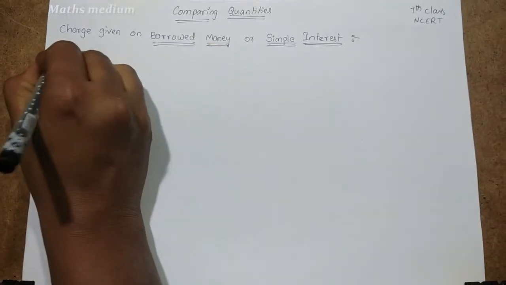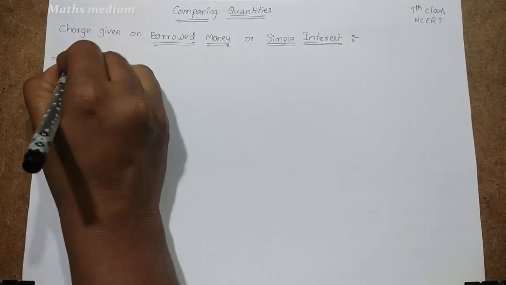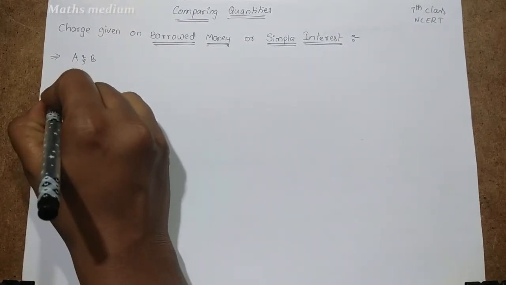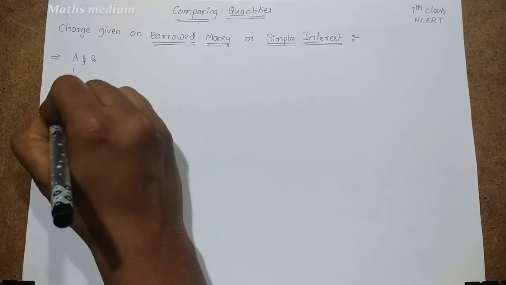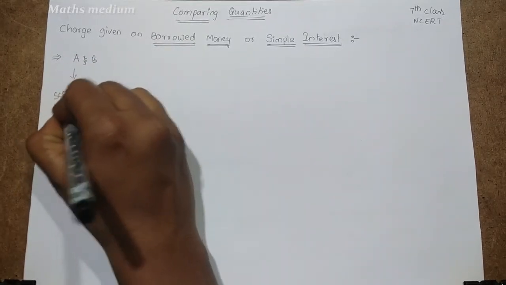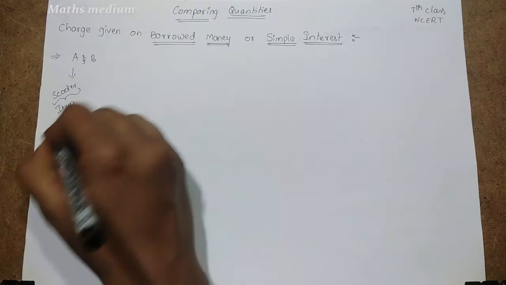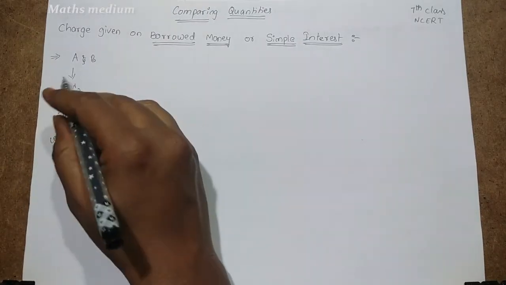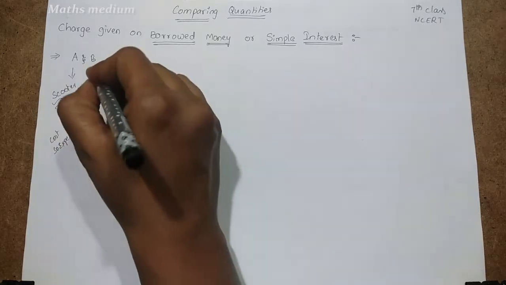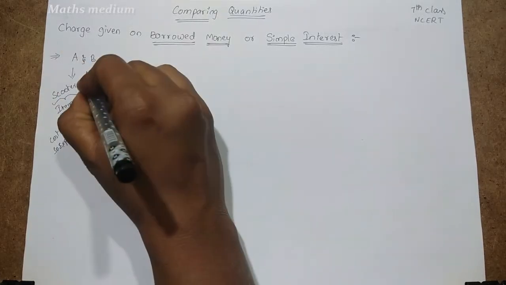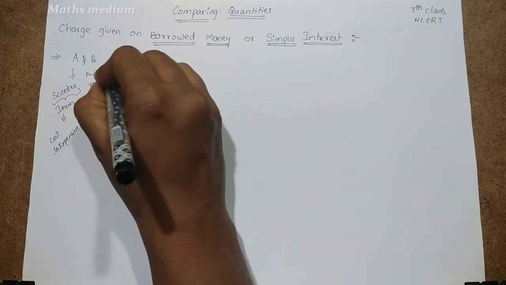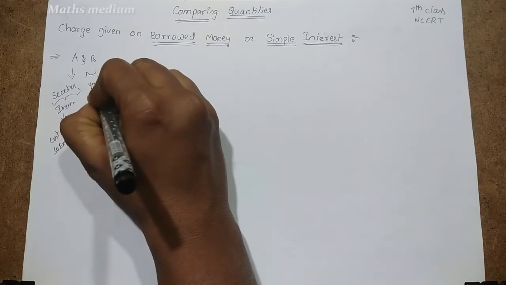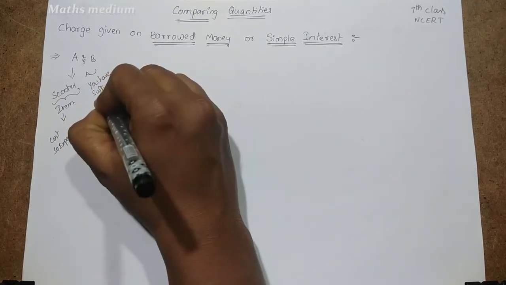Take one example. Let A and B be two friends. A is going to buy a scooter, or any item. It costs more than she thinks. B asked A, do you have sufficient money or not?